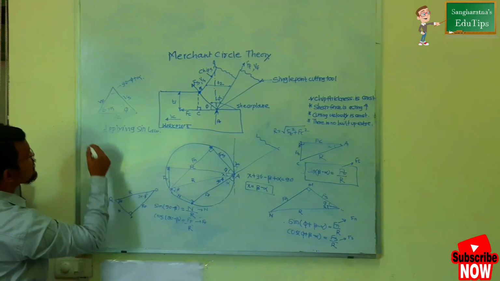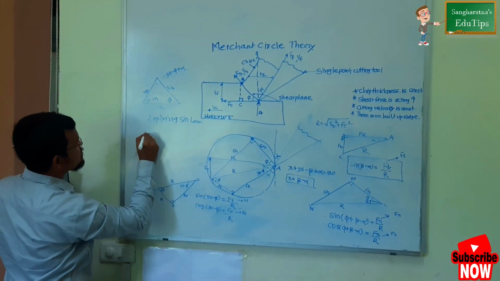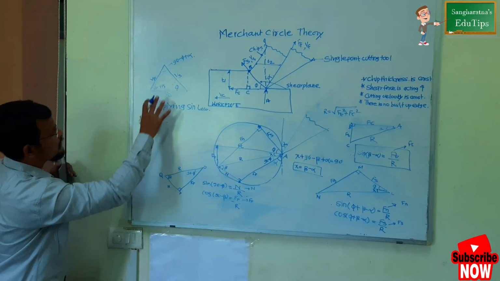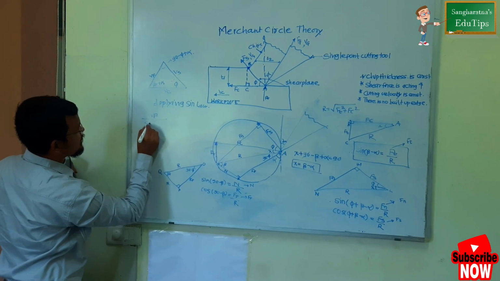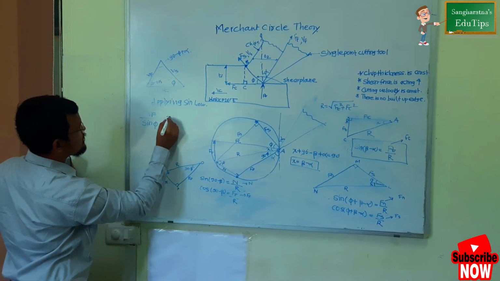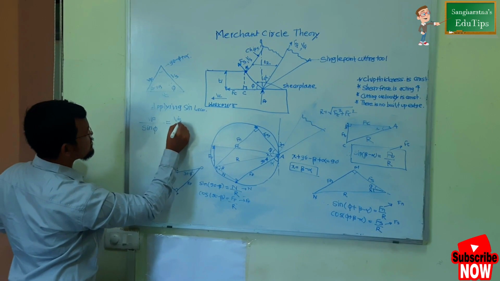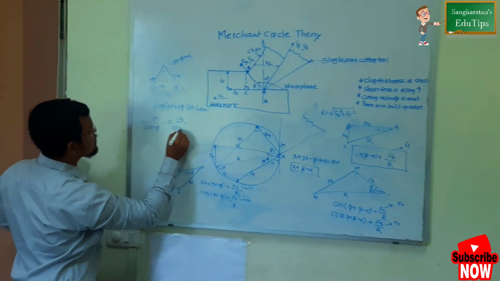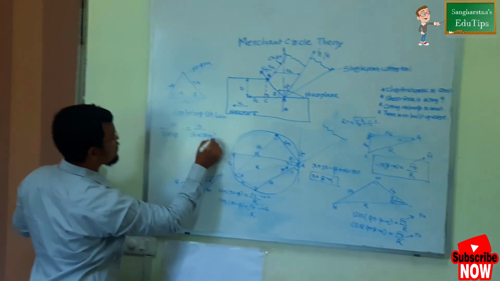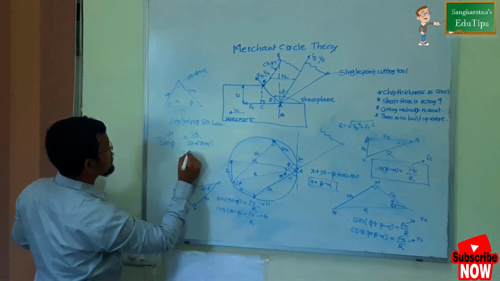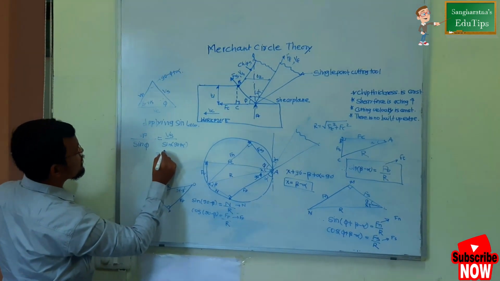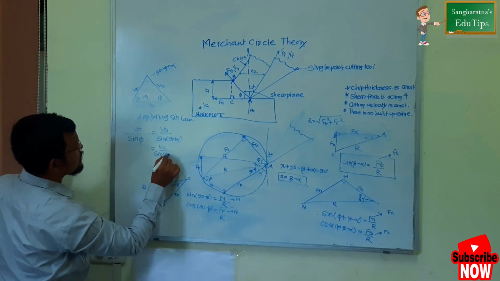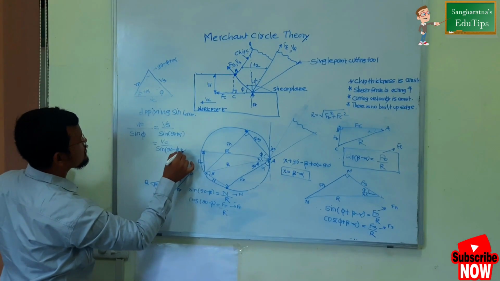The length of any side of a triangle, that is VF, divided by the sine of the opposite angle, that is sine of phi, equals VS divided by sine of 90 plus alpha, equals VC divided by sine of 90 minus phi plus alpha.